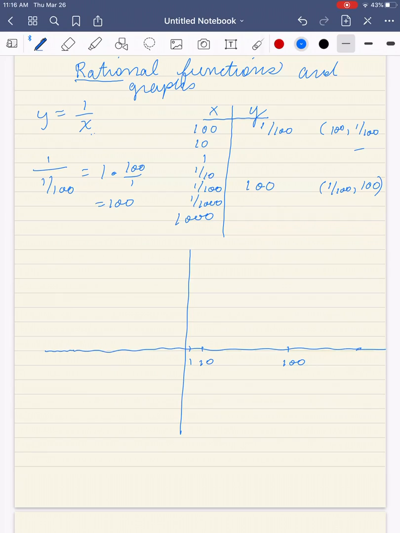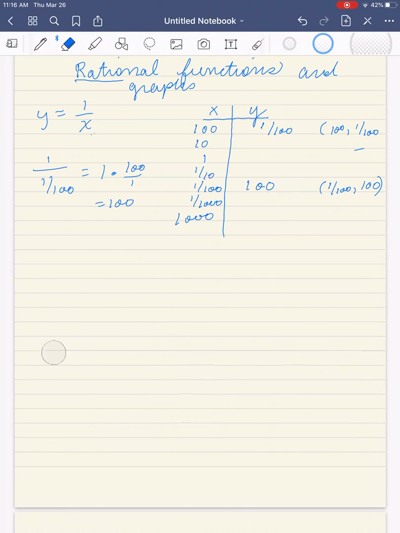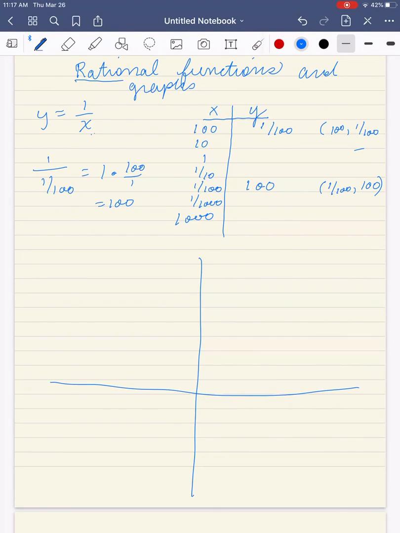Here, don't do that one. Let me erase that. All right. You're not going to be able to do the 1,000 ones on here. Just go out to 100.